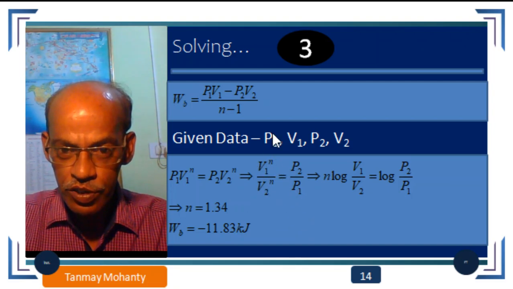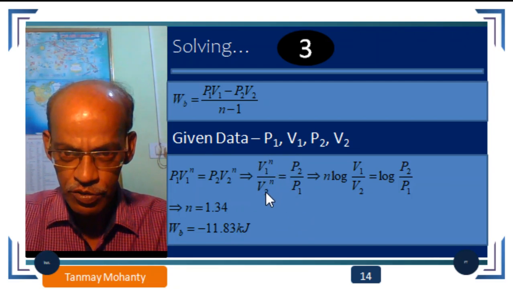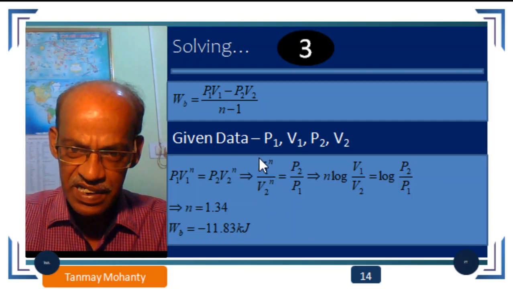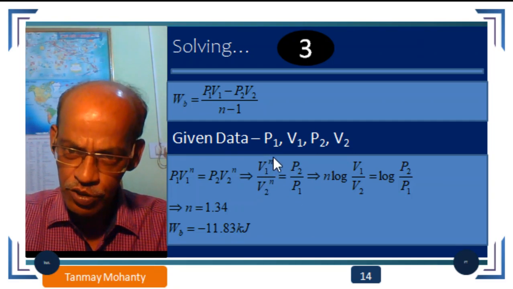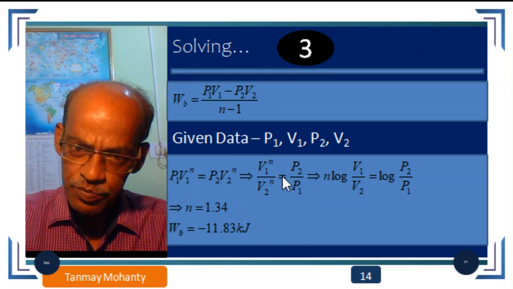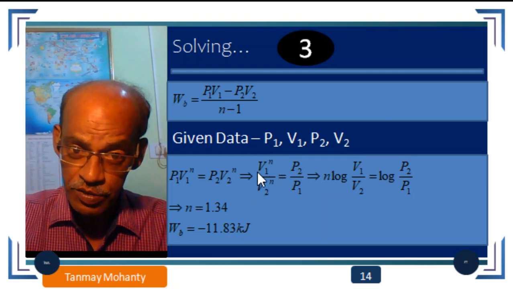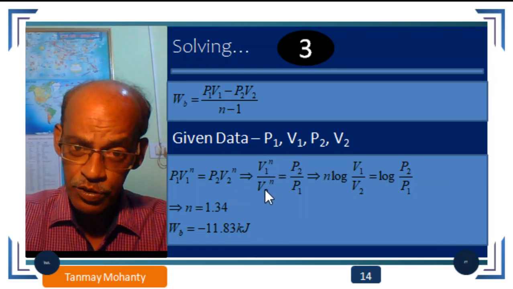V1 to the power n by V2 to the power n is the same as writing V1 by V2 in bracket to the power n equal to P2 by P1. So take logarithm of this side, take logarithm of this side. Taking logarithm of both sides, n log V1 by V2 equal to log P2 by P1.